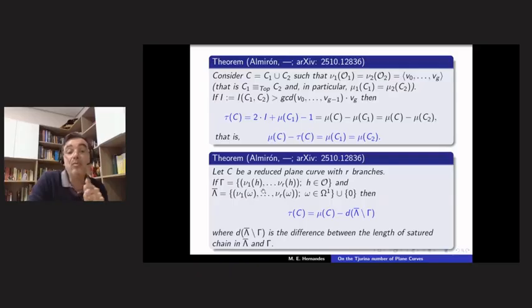So it's possible to express the difference between the Milnor number and the Tjurina number using this value set. We take the distance between lambda bar and gamma, the semigroup, and this distance corresponds to the difference between the lengths of the saturated chains in lambda bar and gamma.